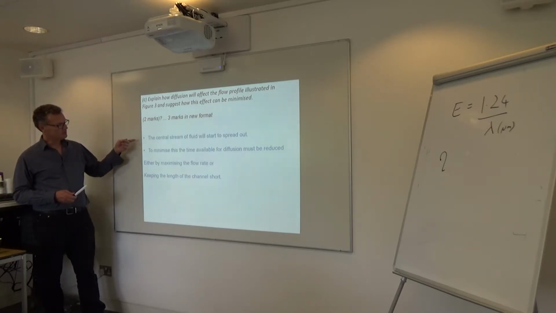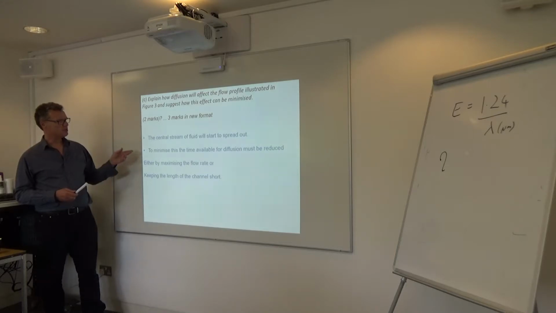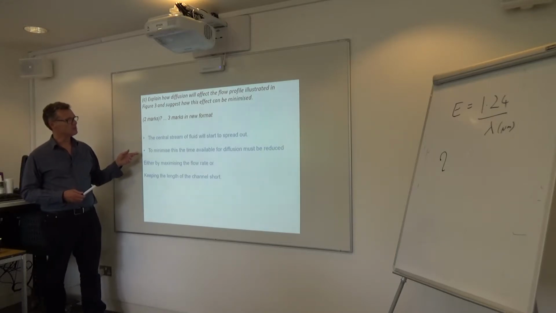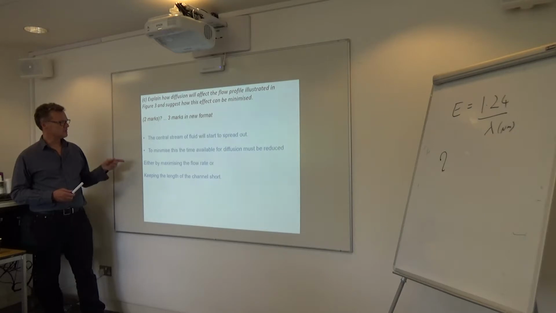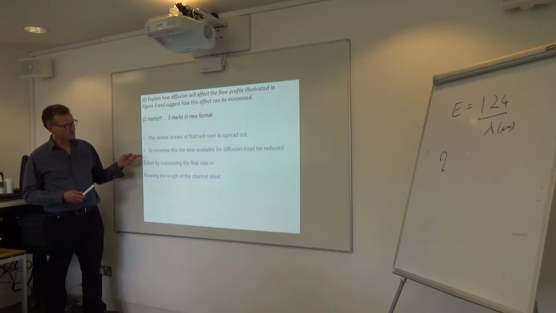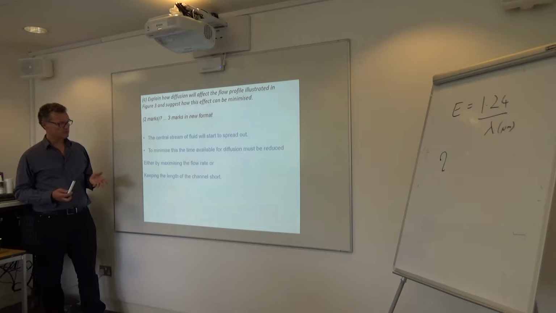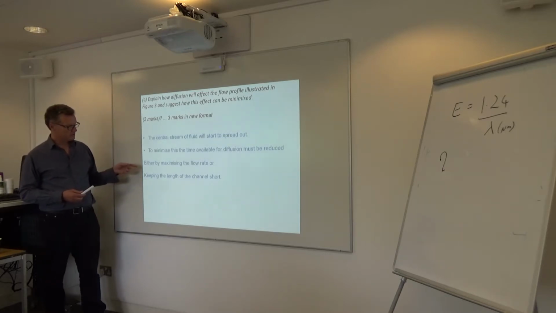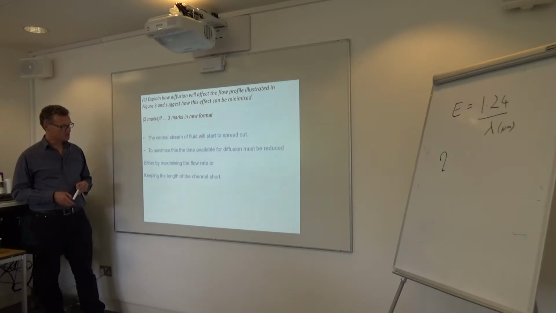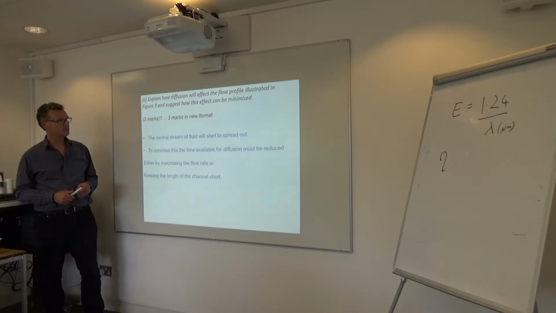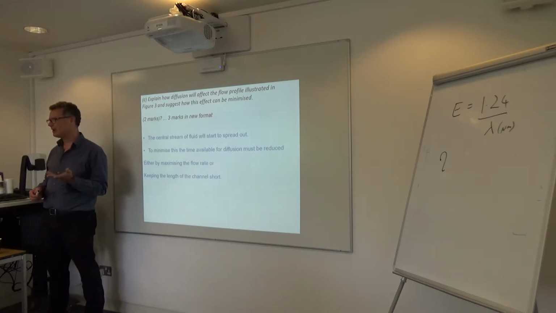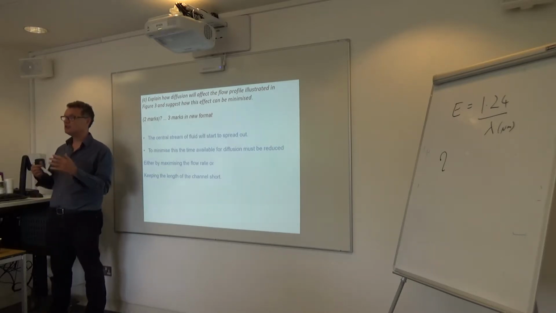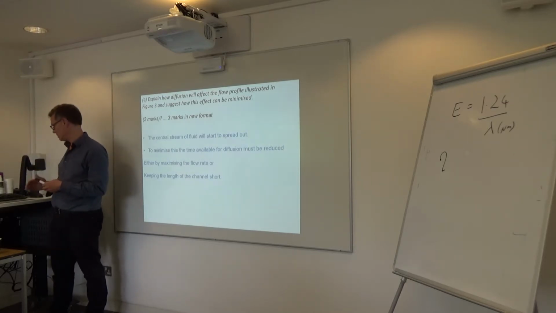We could have something like the central stream of the flow will start to spread out, so that's why you want to minimize the time available to let something diffuse. That would work. We could maybe maximize the flow rate, or we could just keep things in a short length. When you think about it, if you just thought about diffusion, they're the sort of ideas that you'd come up with anyway.